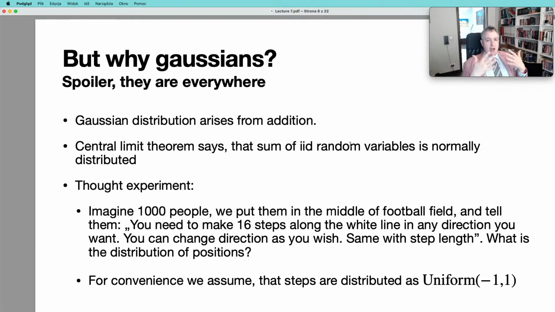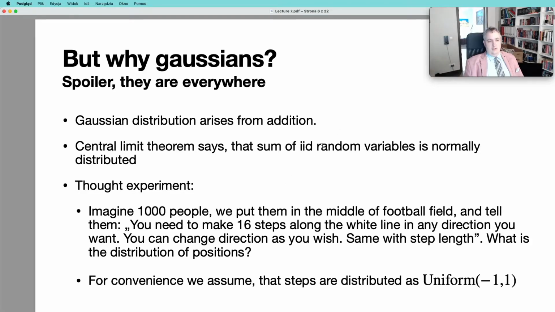But very many processes behave Gaussian-like. First of all, we know from the central limit theorem, which you should remember from the probability course in the first year of your studies, that the sum of independent, identically distributed random variables is normally distributed.